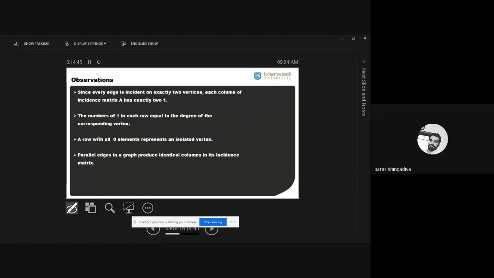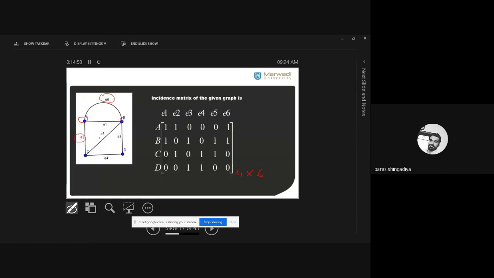And if all entries in any row are 0, what does it mean? That represents an isolated vertex. Clear? If you consider one isolated vertex in this graph, let us consider a fifth vertex E. Now there is no connection with any of the vertices.